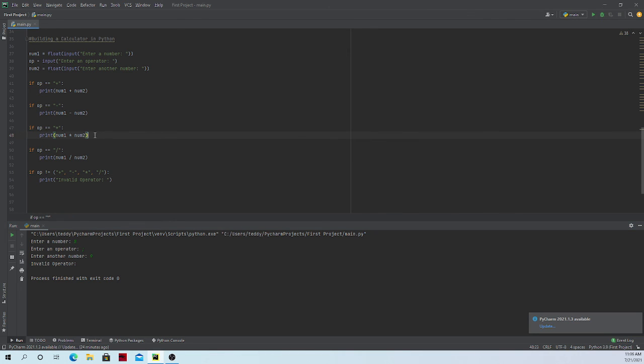Okay, so now let's try it with divide. 2 divided by 3, 0.666. 4 times 9.7, 38.8. So, now you have a working and running calculator.